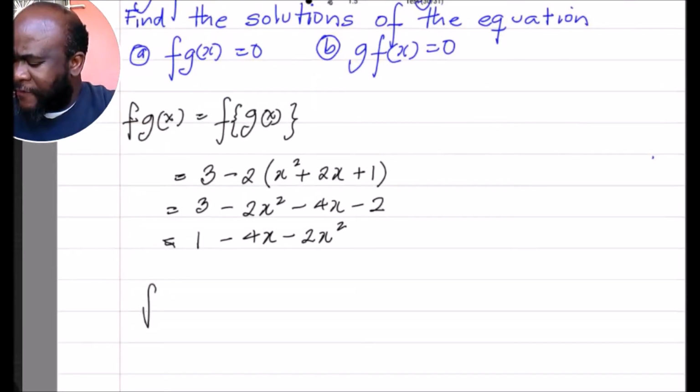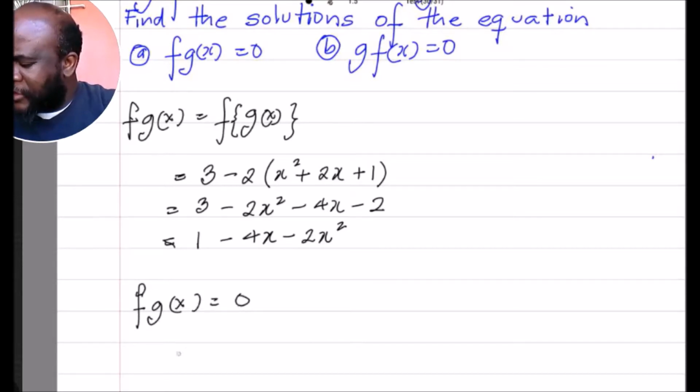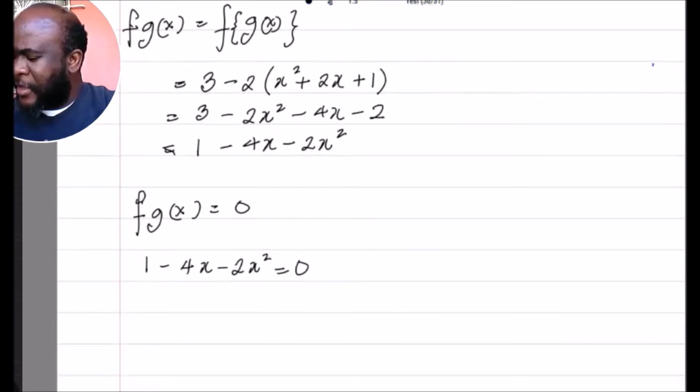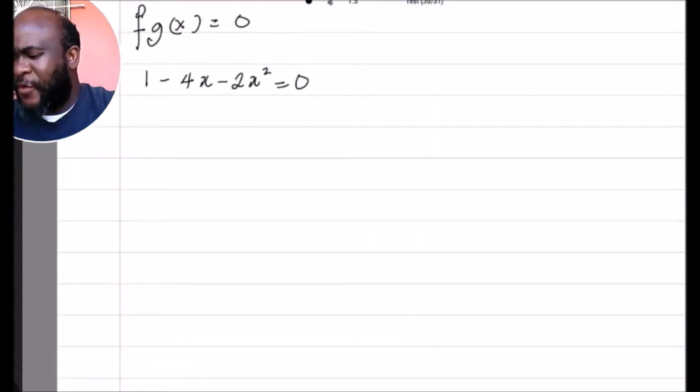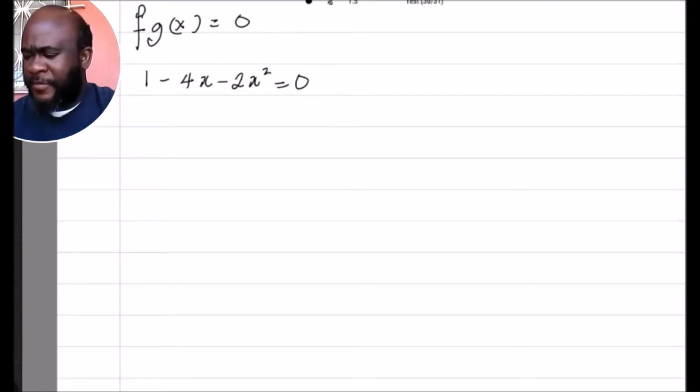So the equation f of g of x is equal to 0 is 1 minus 4x minus 2x squared is equal to 0. If you're uncomfortable working with the negative 2x squared, you could just multiply the entire equation by minus 1.